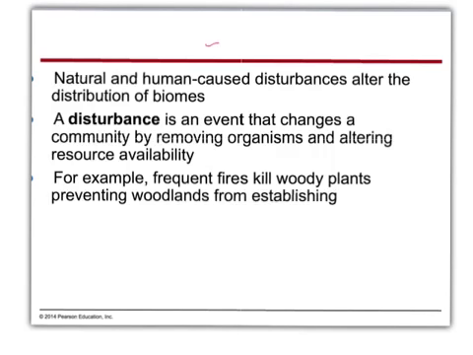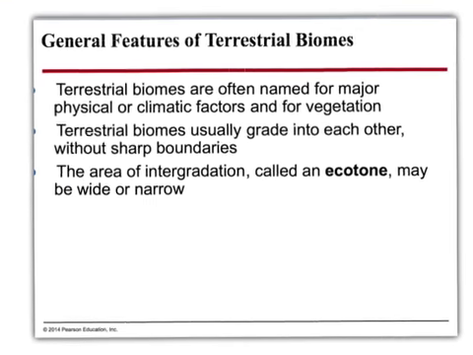You have an oil spill in the Gulf. That's a human disturbance that is now changing the biome as it might be. So frequent fires kill woody plants, preventing the woodlands from replacing a savanna.